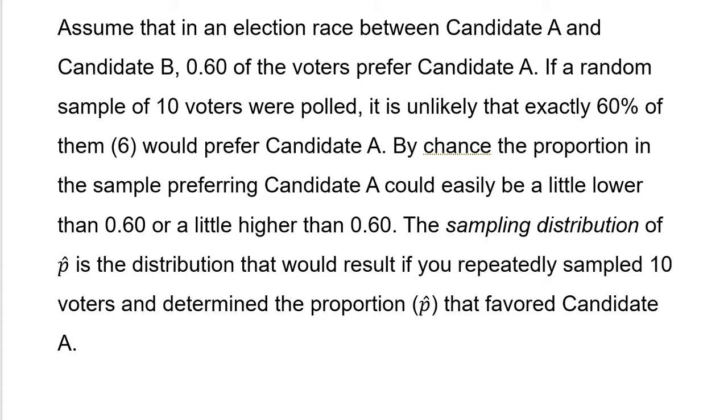The sampling distribution of sample proportion is a distribution that would result if we repeatedly sampled 10 voters and determined the proportion p hat that favored candidate A. Meaning if you have a population in which 60% prefer candidate A, and you repeatedly poll samples of size 10, let's say 1,000 samples, and compute the proportion of people who prefer candidate A in each sample, you're going to get multiple p hats.